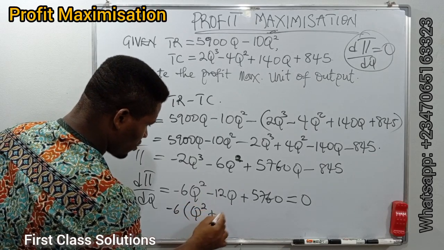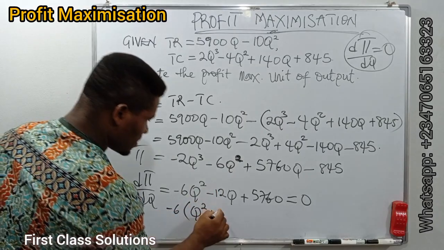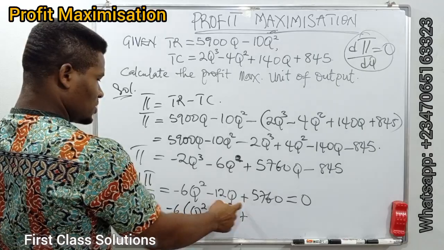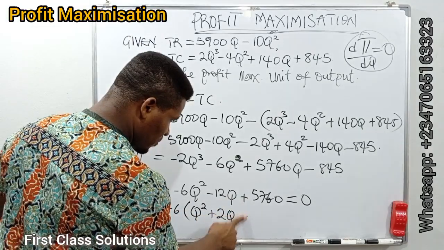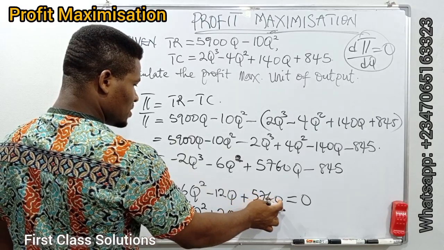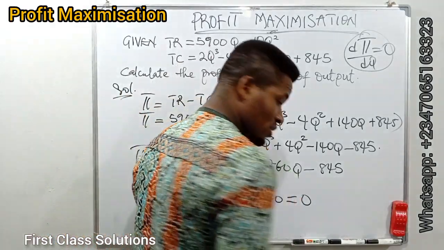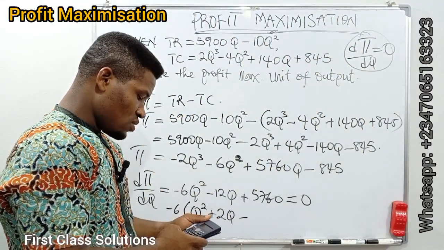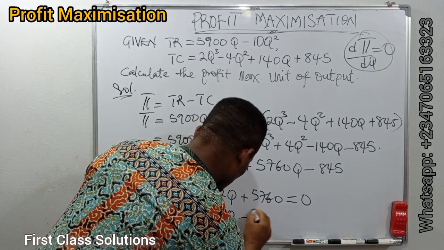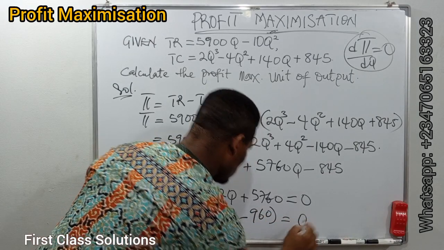Minus minus gives you plus. 12 divided by 6, you bring down your Q. Then this will no longer be plus, it will be minus: minus 5760 divided by 6. Let me punch my calculator. We have 960, all equal to 0.